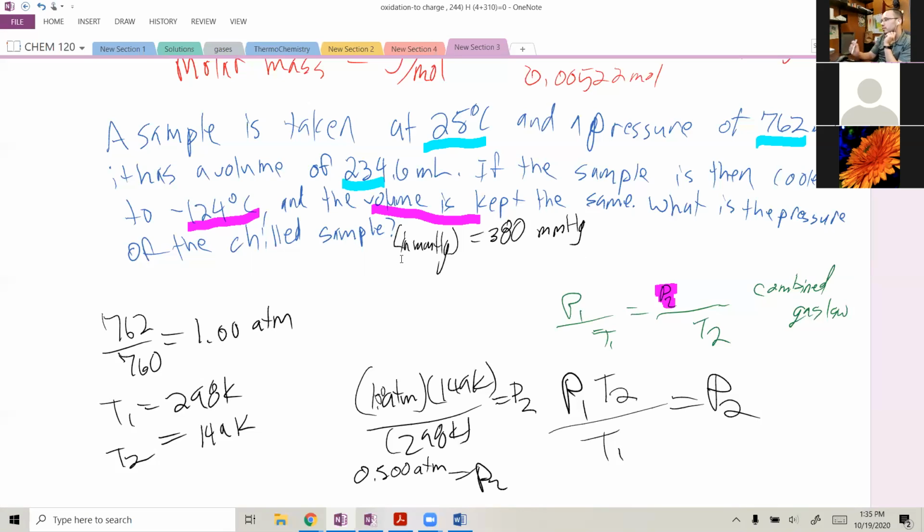So we would have to convert it back into mmHg. Yep. So let's say that we have this up here as 380 mmHg. Is there anything else we should do to that? Or is it fine how it's written for our value? I think it's fine because the question gives pressure in millimeters mercury.